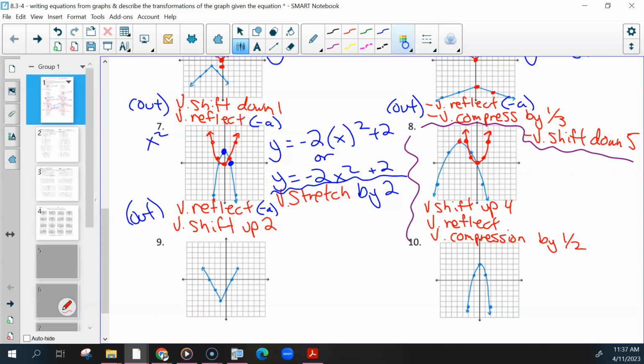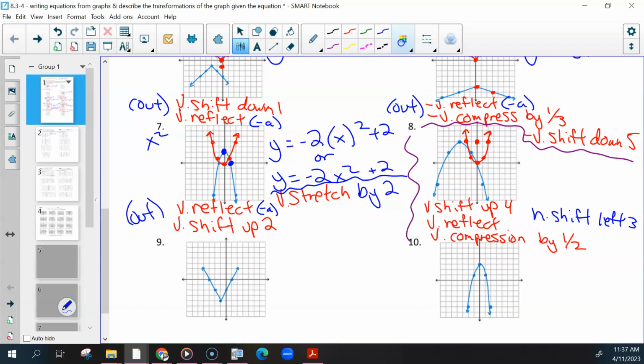Got that it moved up 4. That it flipped upside down. That it's wider because of the compression. How do we get it to where it actually is? Horizontal shift. So all your vertical things are outside things.